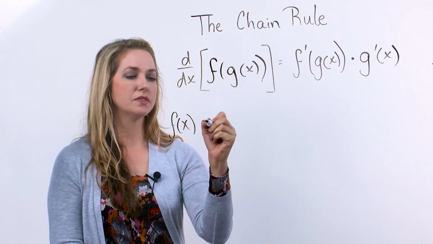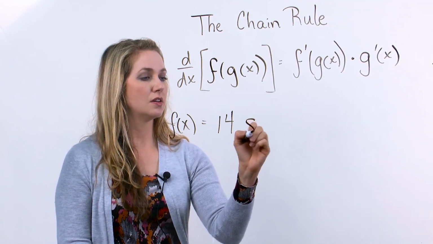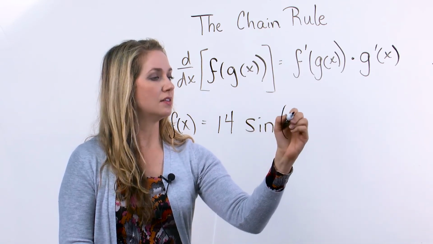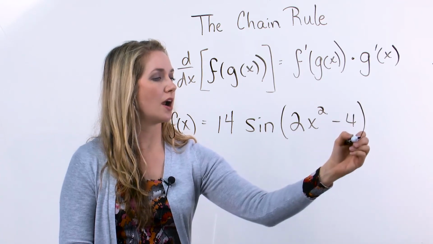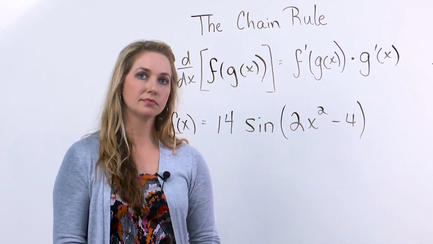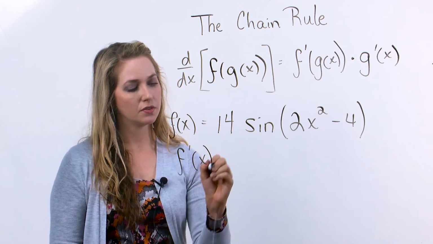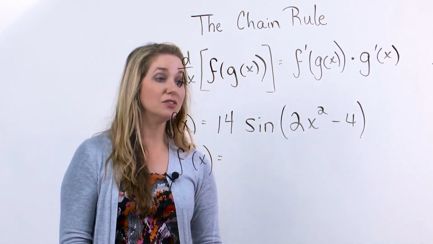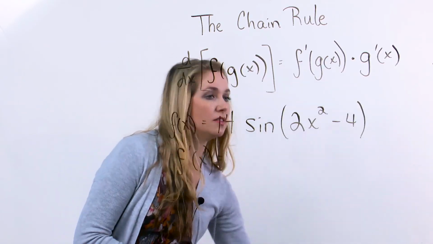Let's suppose f of x now equals 14 times sine of (2x squared minus 4). So now when I take the derivative, I need to ask myself, what is the embedded function and what is the outermost function?